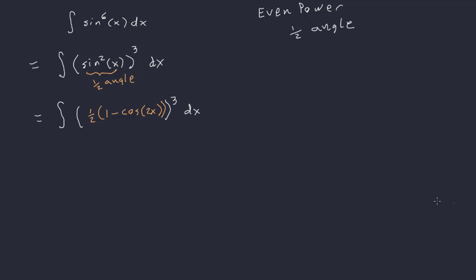Okay? Now, when we do this, I need to cube the 1/2 and this whole thing. Okay? So the 1/2 cubed will be 1/8. So I'll bring that 1/8 to the outside. And let me just rewrite this as 1 minus cosine of 2x all cubed.